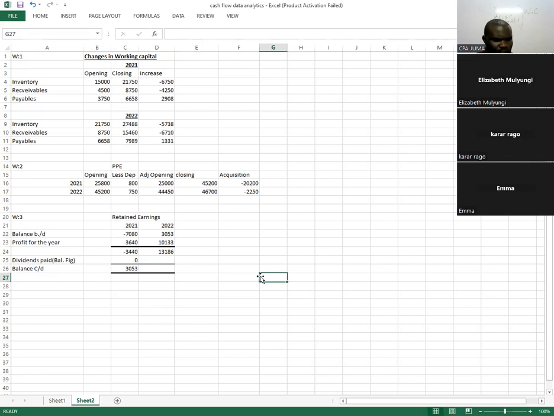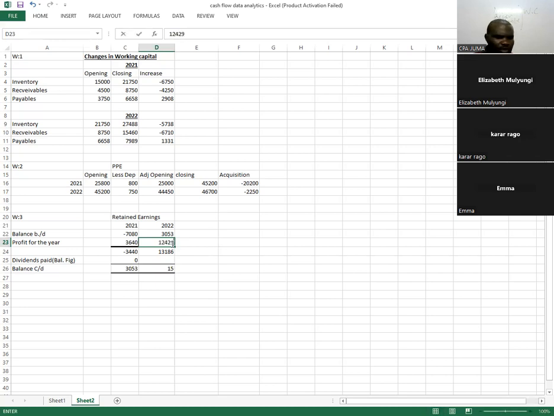Then check 2022. I think there is something not being captured properly. There is something not adding up well. No, the profit we have captured for 2022 is not okay. The profit is 12,429.